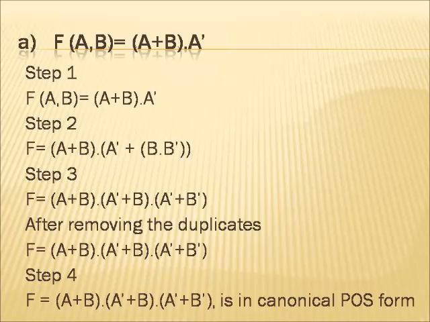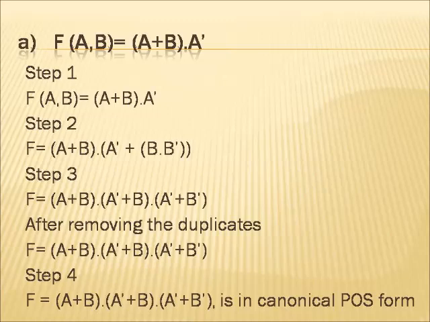and it has two sum terms, a plus b and a bar. So clearly we can see that the second term, that is a bar, is missing the variable b. So in step 2, we want to include the missing term in the expression. So f = (a + b), which is the first term having all the variables, and the second term, which is a bar, is missing b, right?